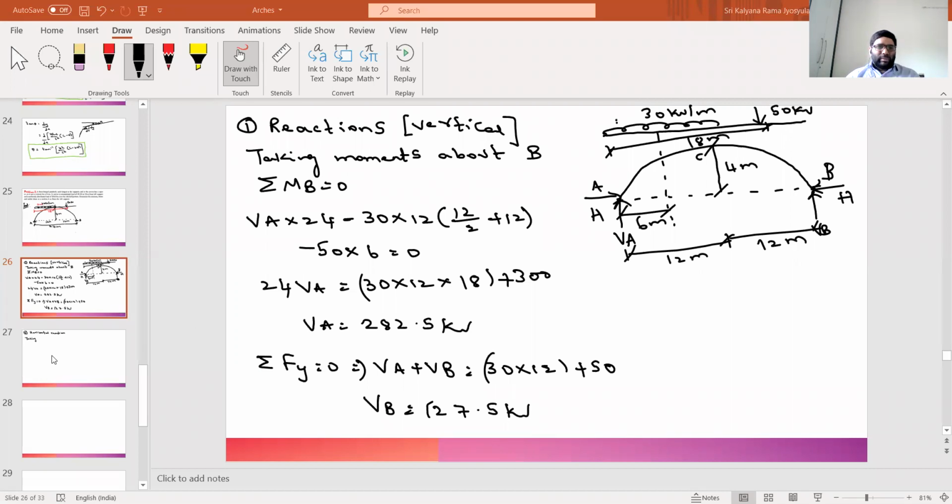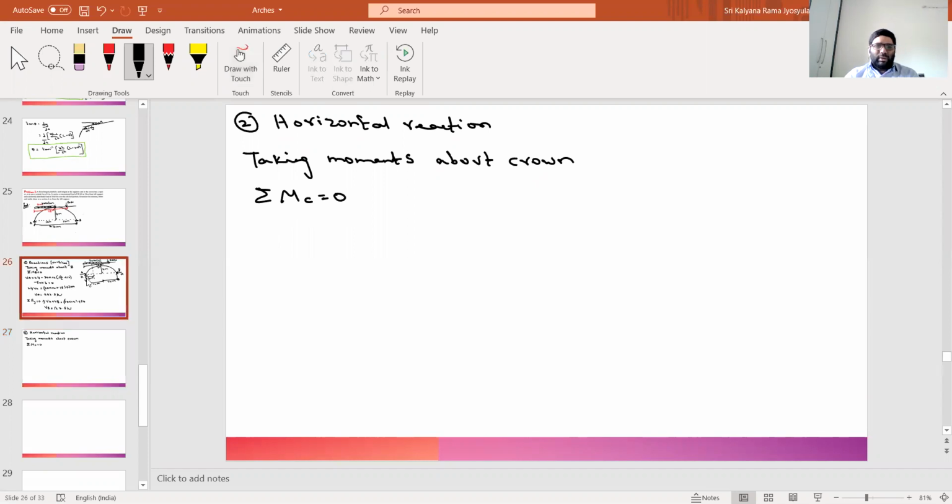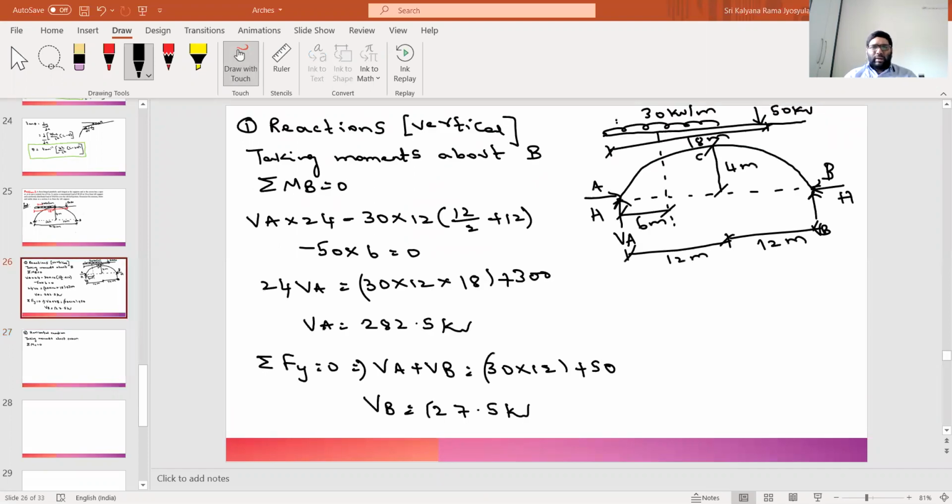So everyone can see it here. Taking moments about crown, sigma MC is equal to 0. So see here all of you, what do we get? VB into 12 will come from the left hand side, because we have only one load, no?